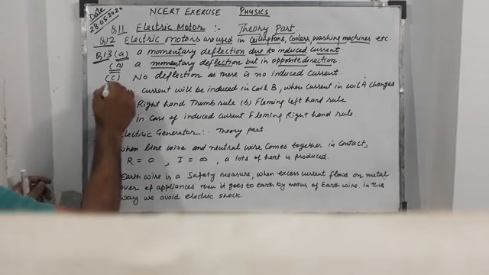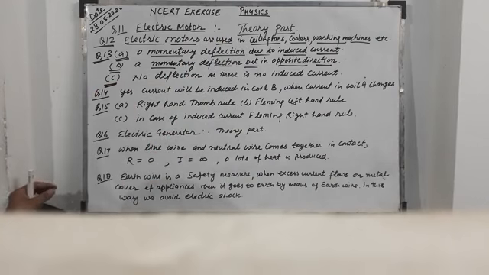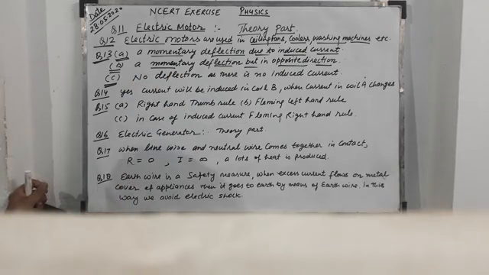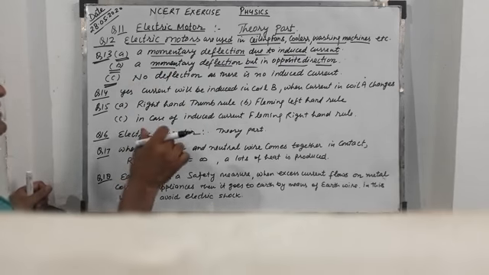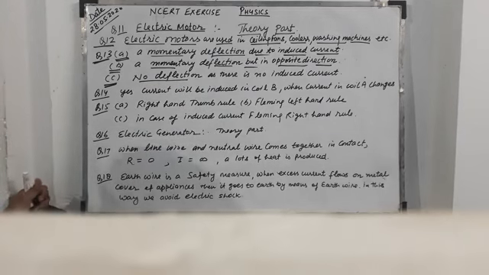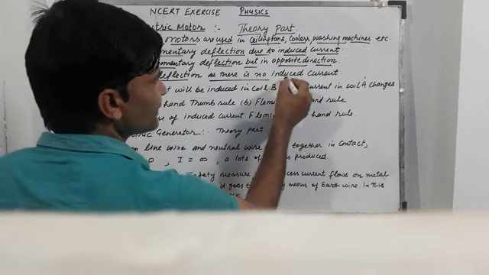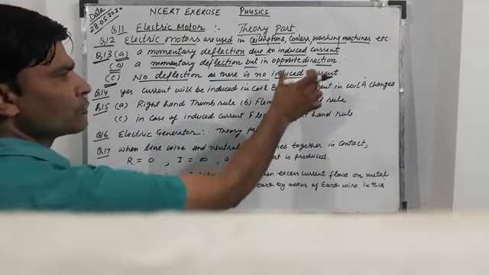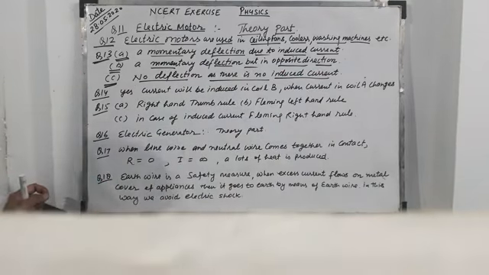In C part, when the bar magnet is held stationary inside the coil, then no deflection, because now the electromagnetic induction does not take place and there is no induced current, so no deflection in galvanometer.